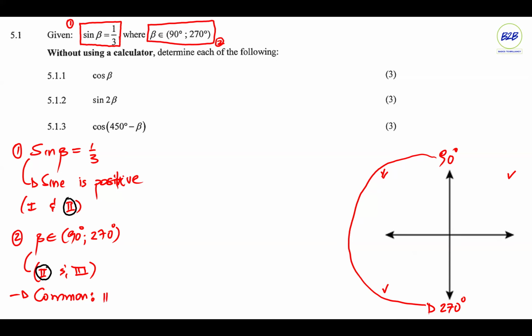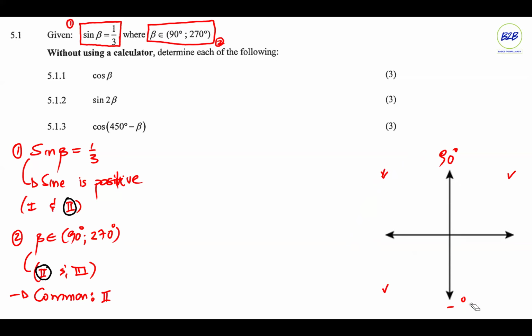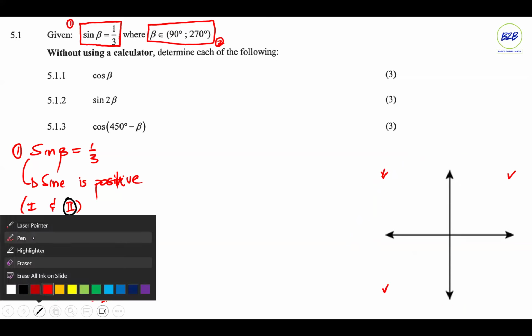That means, therefore, our right-angled triangle must be drawn in the second quadrant. Then we can go and sketch our right-angled triangle in the second quadrant.